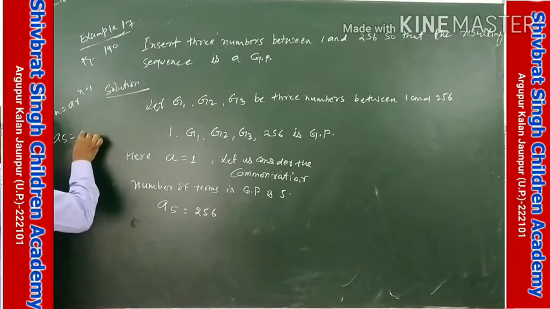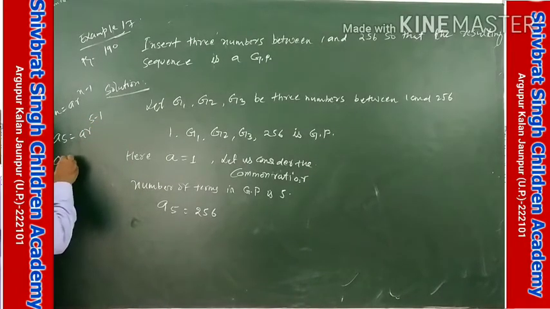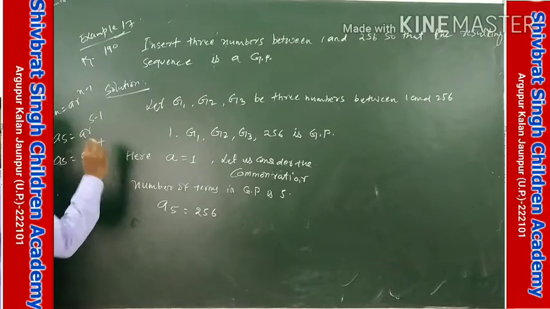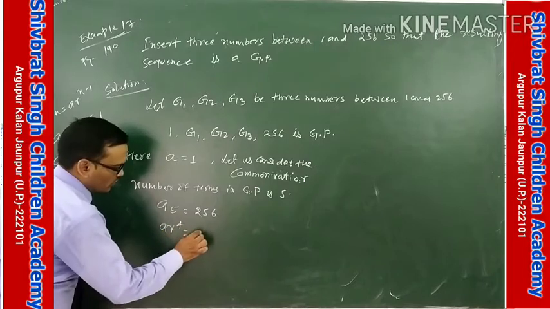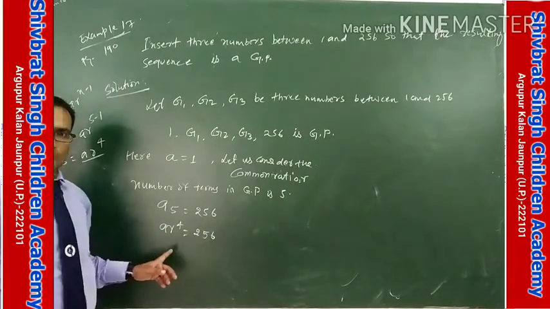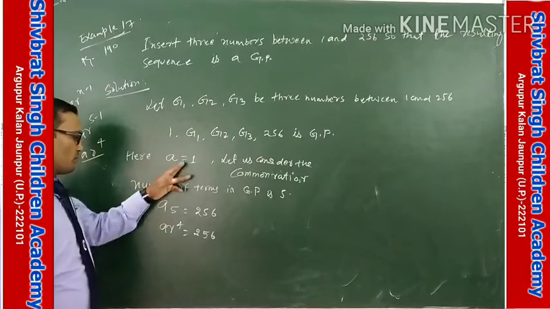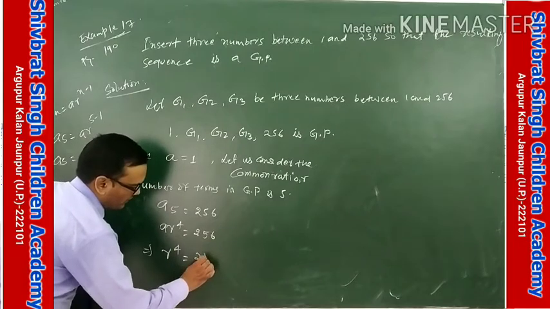A5 equal to ar to the power 5 minus 1, A5 equal to ar to the power 4. ar to the power 4 is equal to 256. Here, put the value of a equal to 1. This implies that r to the power 4 equal to 256.